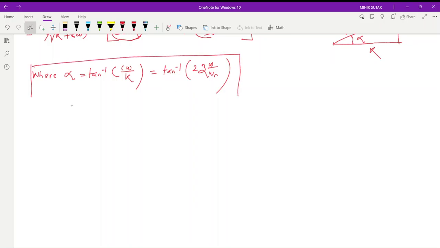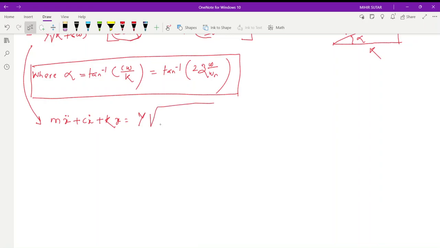This is about the angle, and from the preceding equation we can write this as m x double dot plus c x dot plus k x is equal to capital Y root over of k squared plus (c omega) squared times sin (omega t plus alpha).